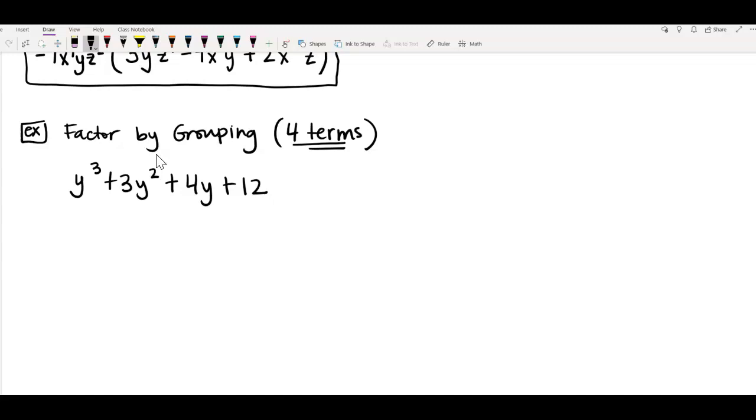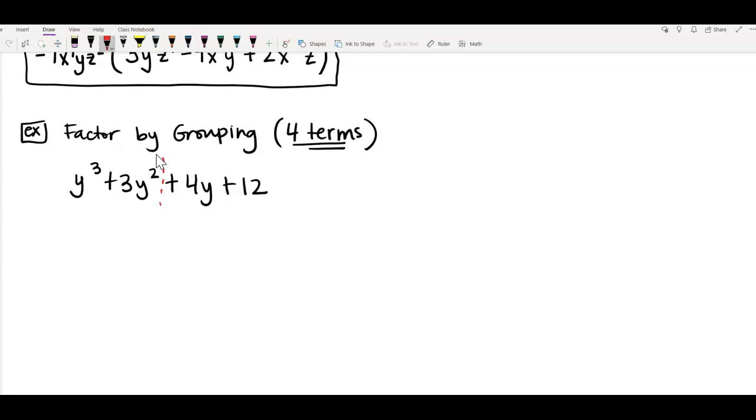If I look and try to take a greatest common factor out of all 4 terms, there's nothing that all 4 of them have in common. But you do always want to look for that first to see if there is a GCF that will come out of all of them. All right? And then if there's not, then we're going to split it. So we have the first two terms and the last two terms.